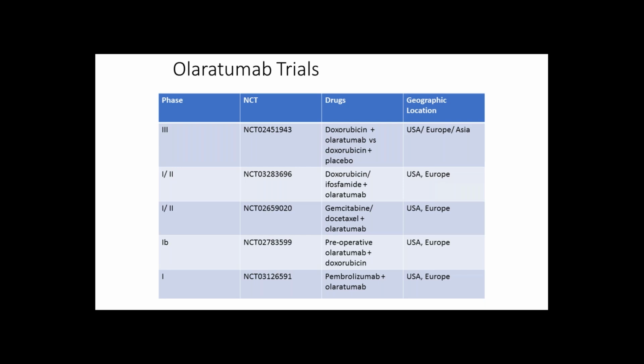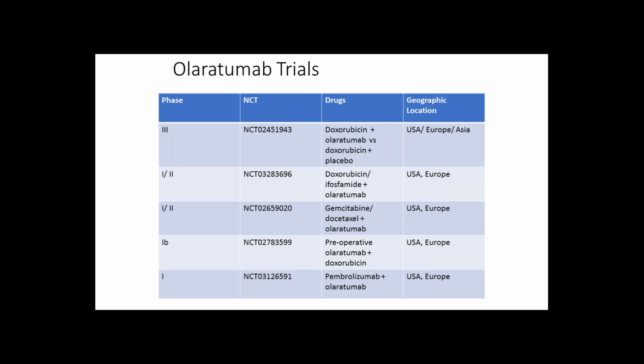That trial has closed to recruitment, and the results are expected later next year. I think everybody's very excited to hear the results of that large randomized phase 3 trial. But in addition, there are a number of other very interesting trials of olaratumab.